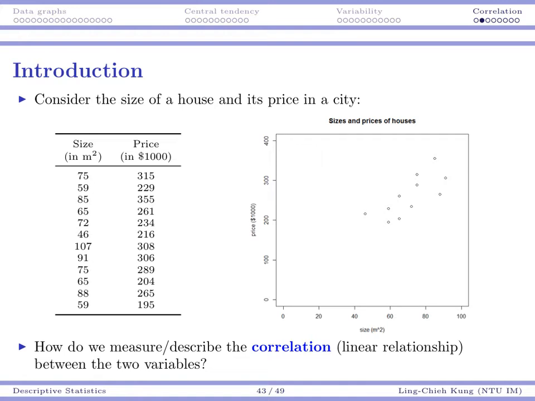Okay, but here I just want to start with this very simple example to show you that when we have a set of data, we want to find some impression about the basic relationship between one variable and another variable. Sometimes we say one is an independent variable or source variable, and the other is the dependent variable or response variable.